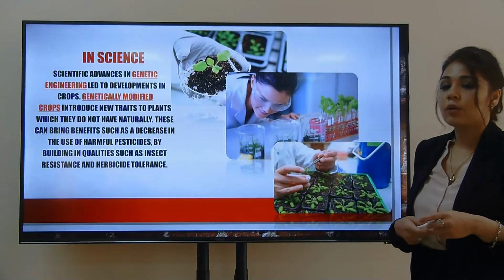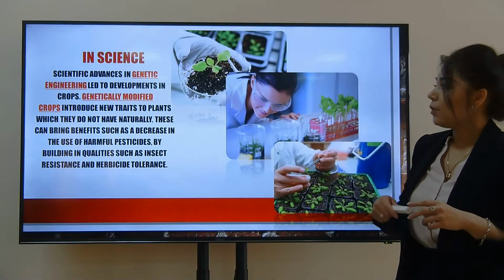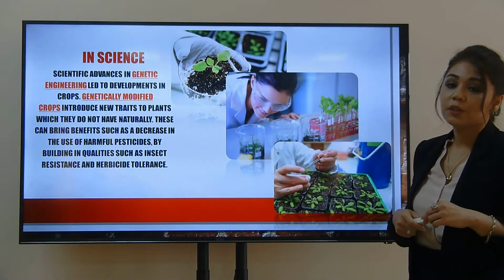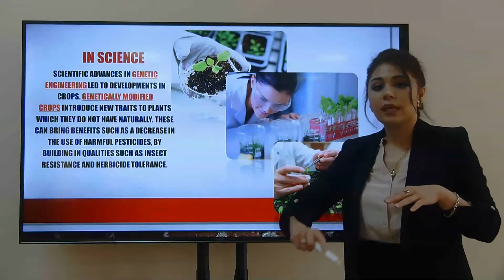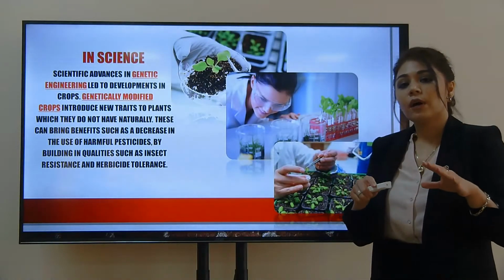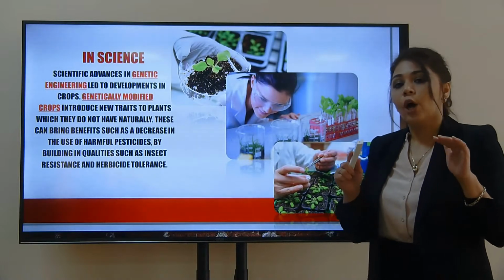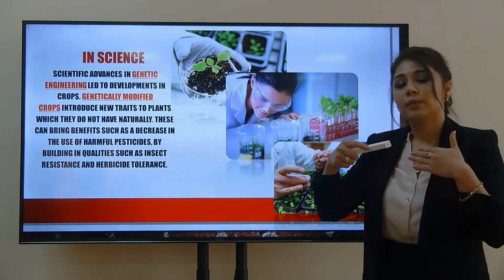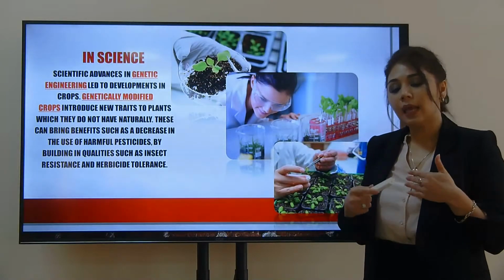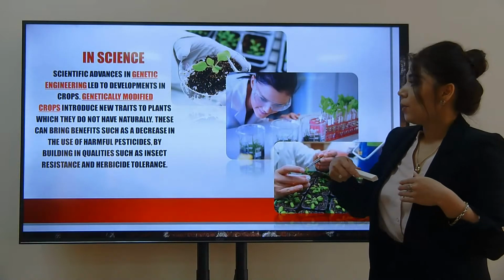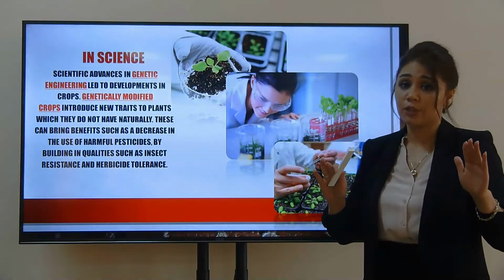In science, let's talk about practical uses of plants in science. Scientific advances in genetic engineering led to developments in crops. Genetically modified crops are plants in agriculture whose DNA has been modified using genetic engineering methods, and the aim is to introduce a new trait to the plant which it doesn't have naturally.